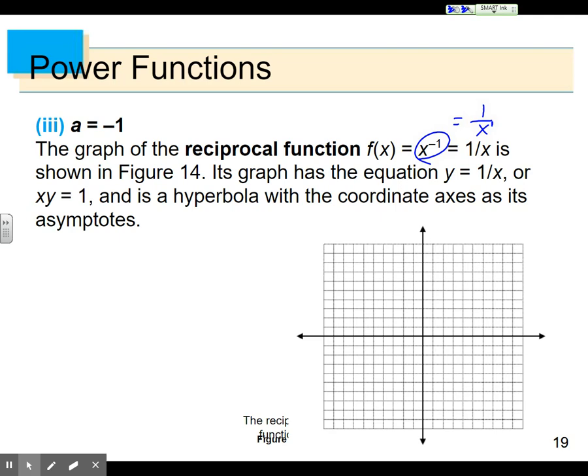And so this is going to be my basic reciprocal function. This is the most basic one that has horizontal and vertical asymptotes lying on the axes.